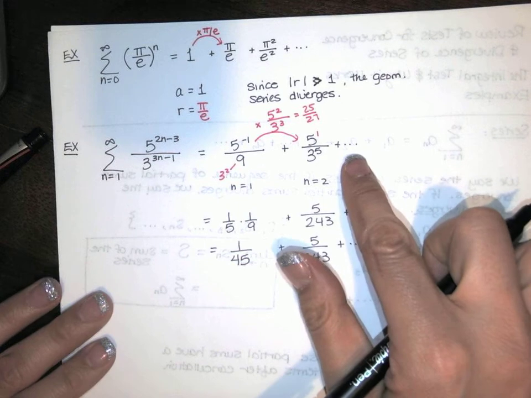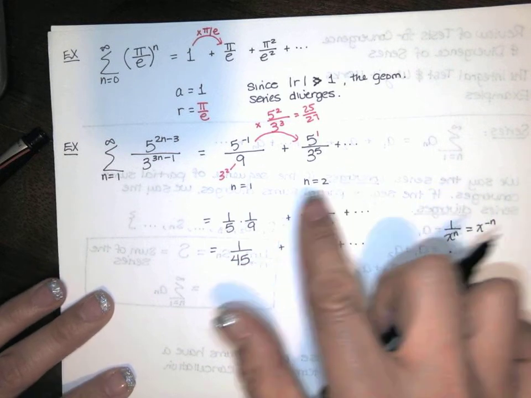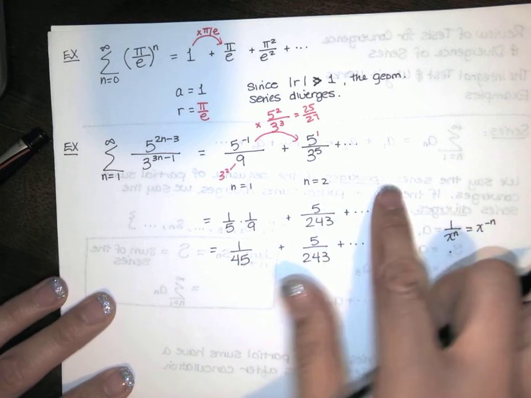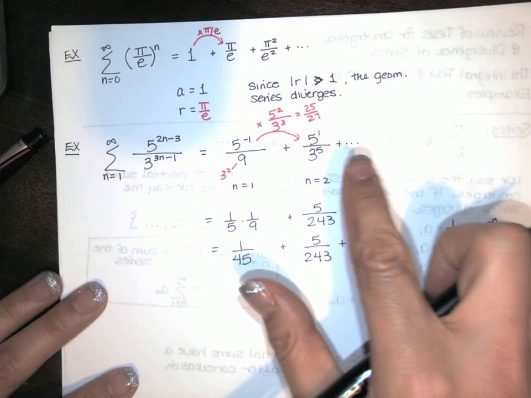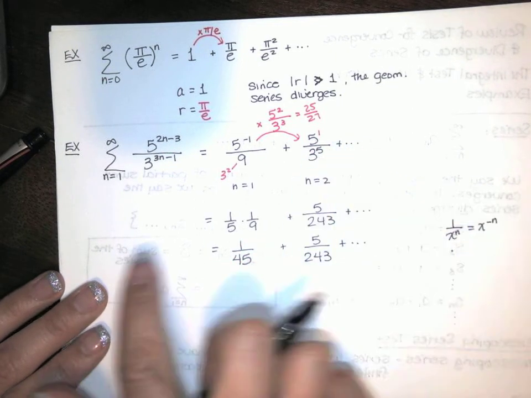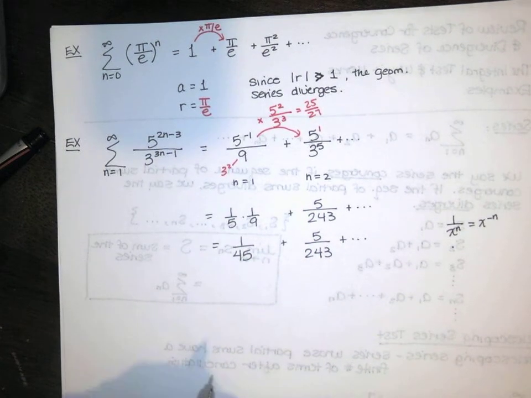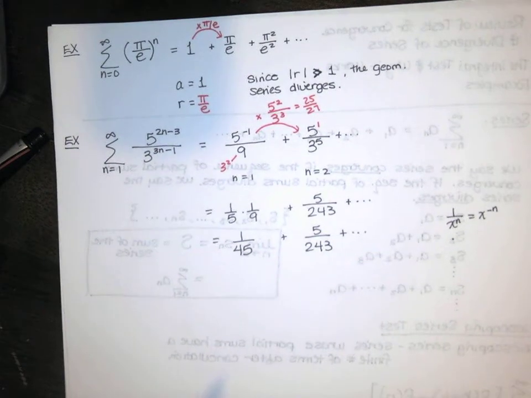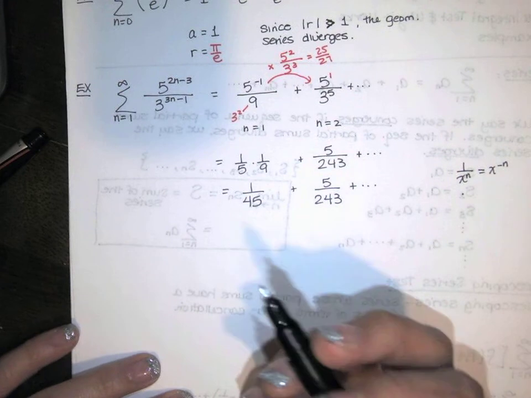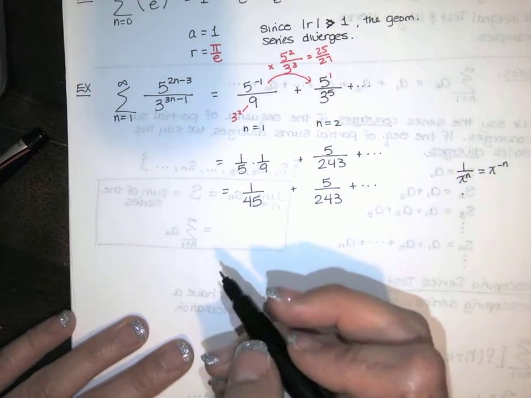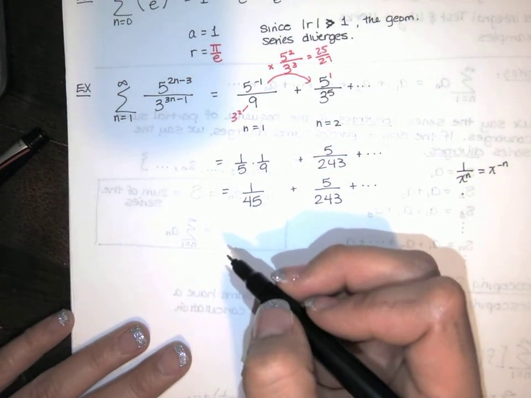Now, if you work out the answer for n equals 2, or n equals 3, if you find the next term, you'll see that to get from term to term, you're just going to multiply by 5 squared over 27 again, or 25 over 27 again. If you don't believe me, you should work that out for yourself. Now, this is enough information to determine whether the series converges.